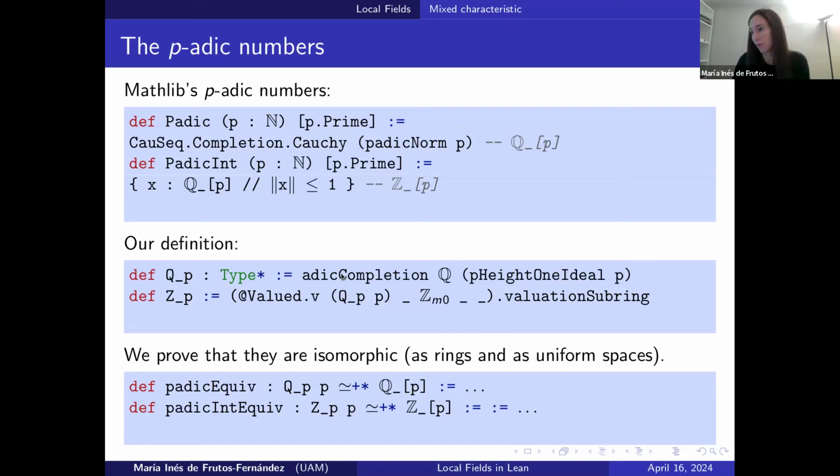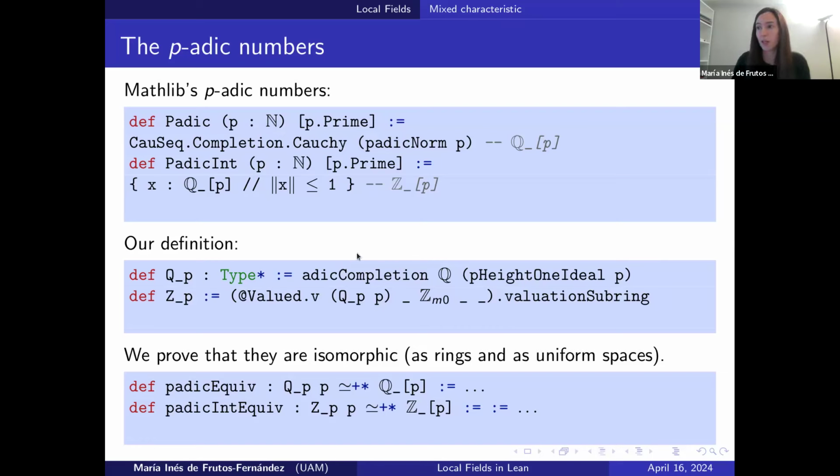So the problem if we use the Mathlib version of the p-adics as the base case for mixed characteristic local fields is that then we will be using 2 kinds of incompatible definitions, because in one case we have this Cauchy sequence completion, and in the other case we have this adic completion. It is a bit easier if we are using the same construction everywhere.